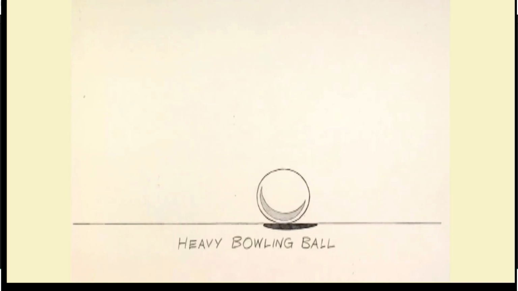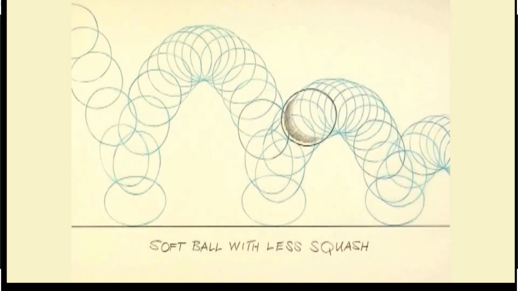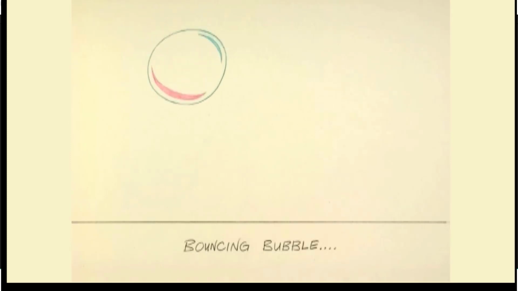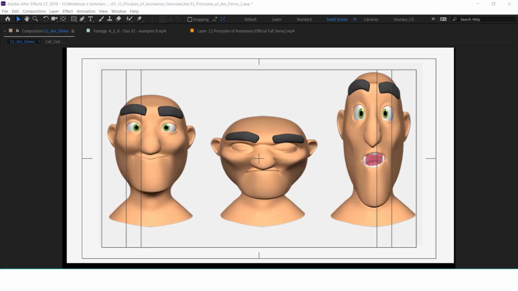This is a heavy bowling ball, and you can see it has less bounce, as different from this soft ball that bounces more, as different from the ping pong ball, which also bounces more. Then you can see this bubble, how it's behaving, being swept by air here and there until it bursts.